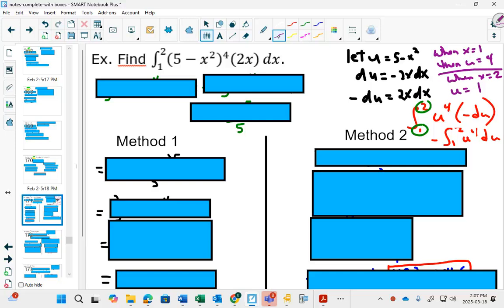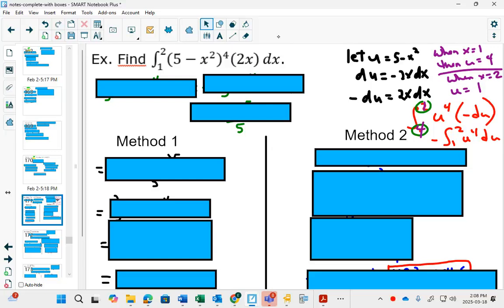So if I was writing this correctly, I have to change the 1 to a 4 and the 2 to a 1. And then I wouldn't lose marks. So now we have two choices for evaluating this. How do we avoid this error?